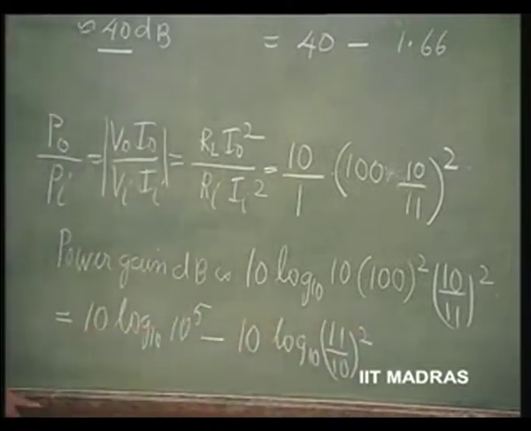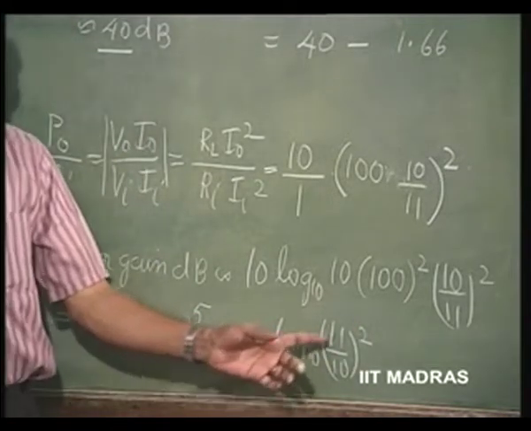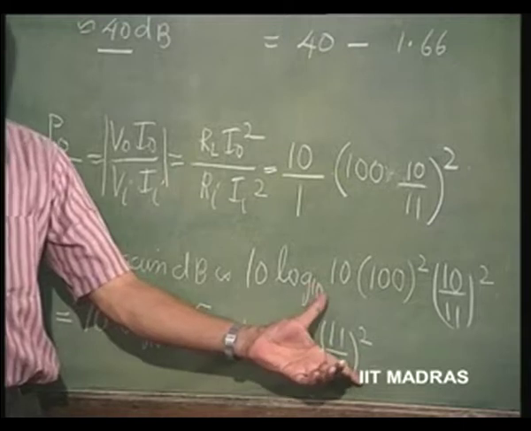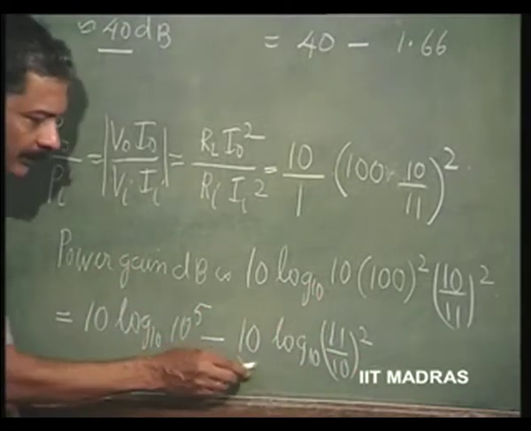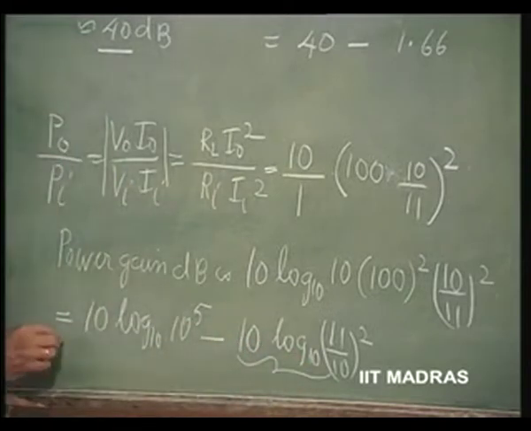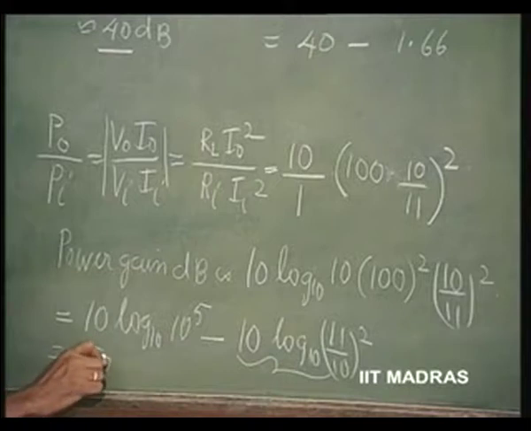The same factor, log to the base 10, 11 by 10 squared, has been earlier evaluated, and therefore, you can use that information. This is very close to 50 decibels.